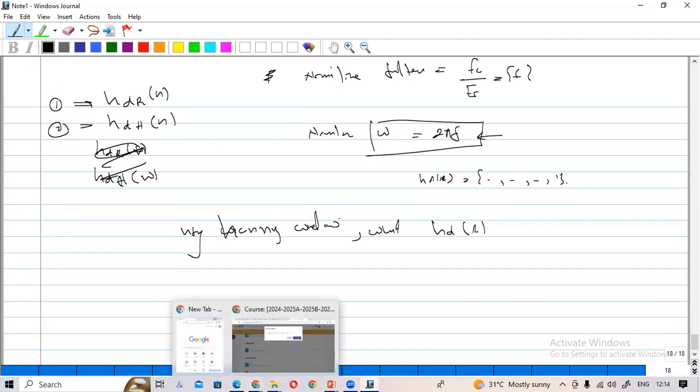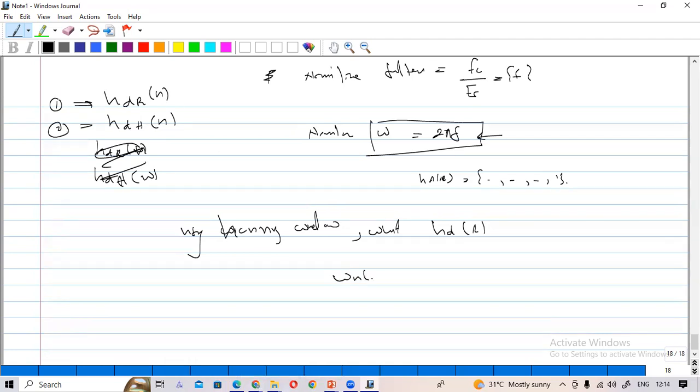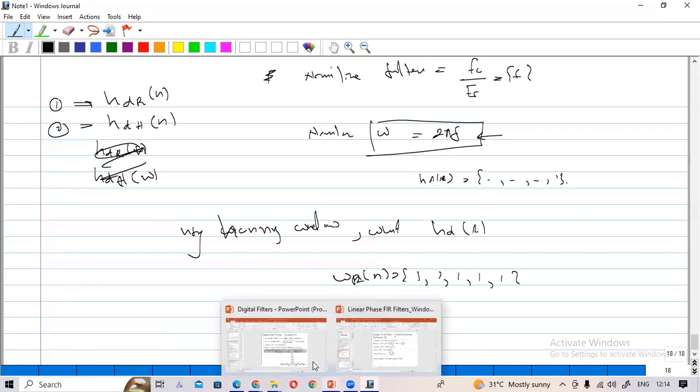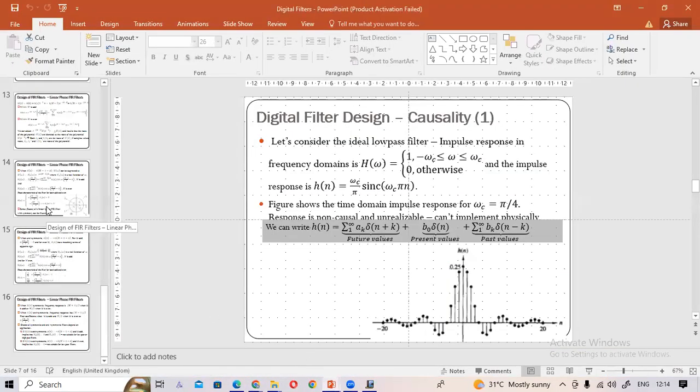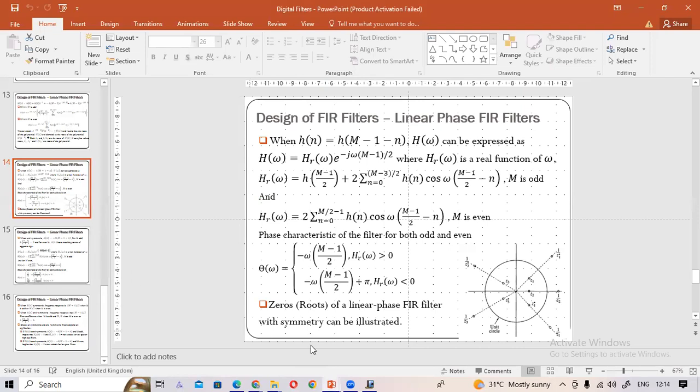In the rectangular window, you don't need any calculation. You just get the samples 1, 2, 3, 4, 5. But if you use Hanning, then you have to calculate this value.